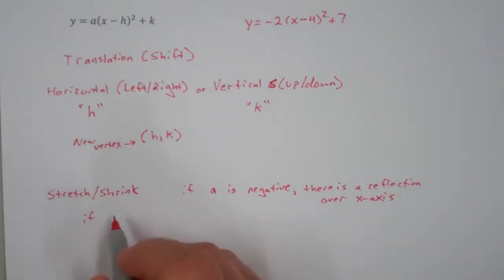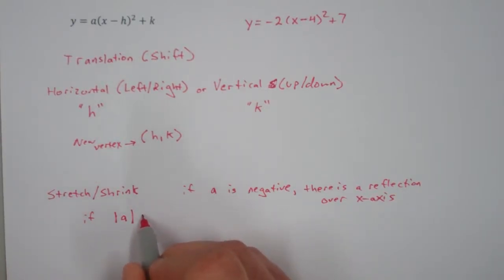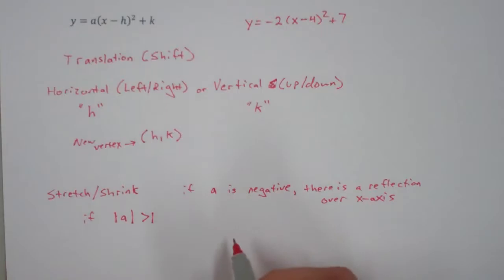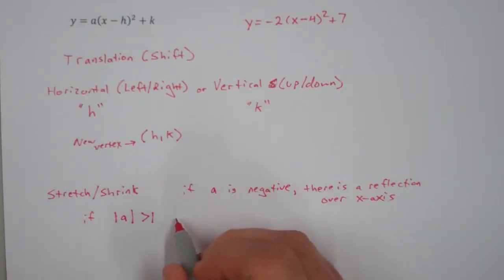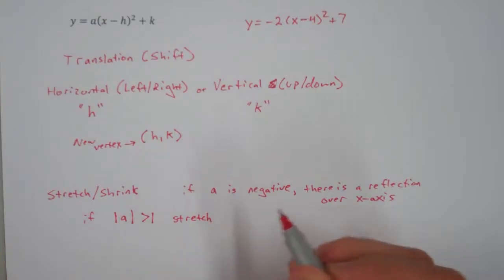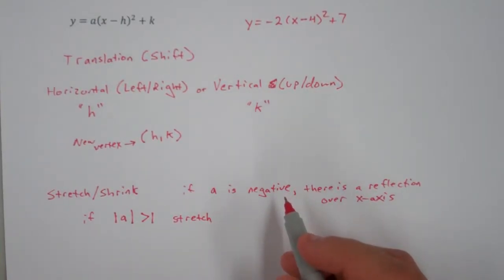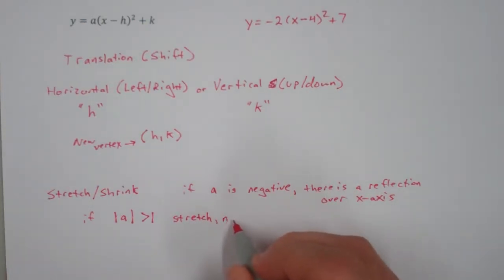We could also say, if the absolute value of a is greater than 1, then there will be a stretch with respect to the y-axis, where it will narrow towards the y-axis.